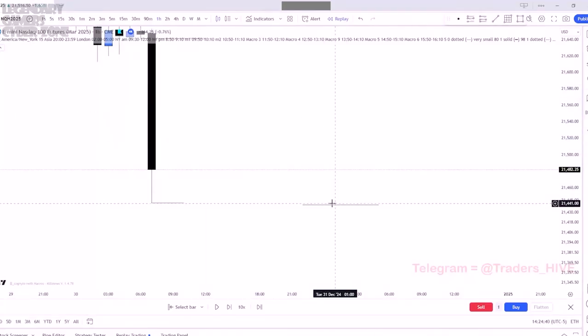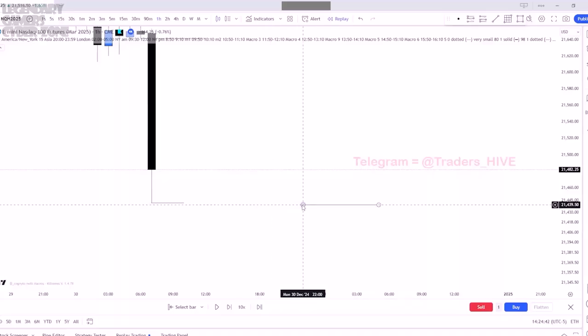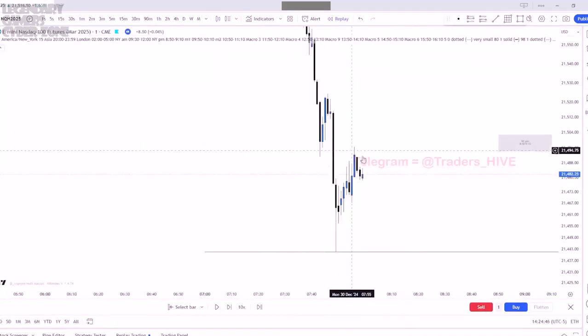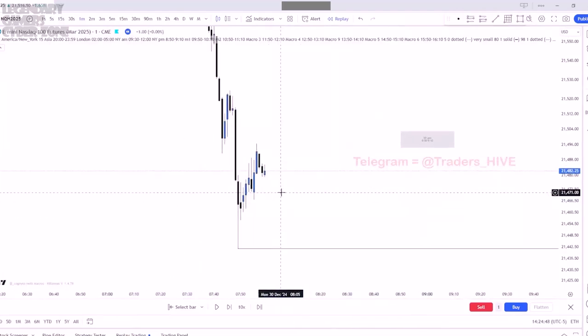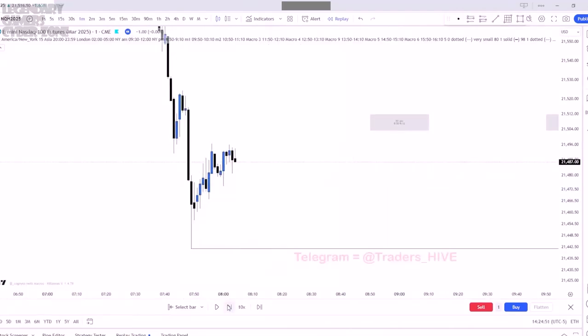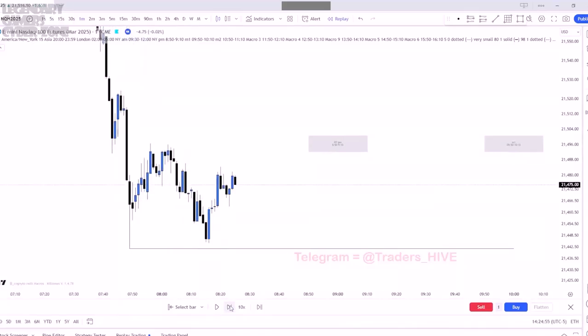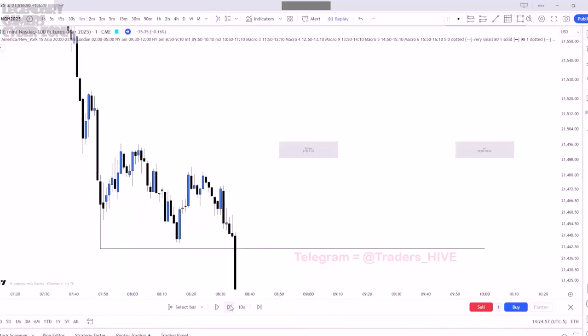So right here, you want to scale down to the 1 minute chart and wait for a sweep of liquidity. You want to wait for price to sweep a high during this macro, and show you pressure to the downside.